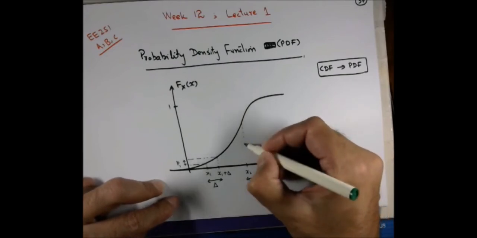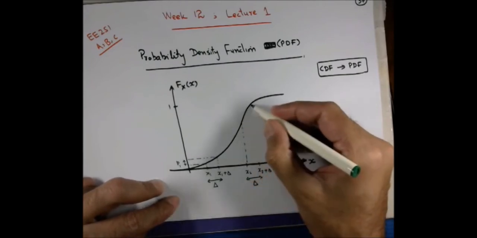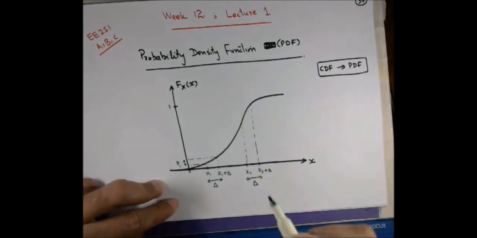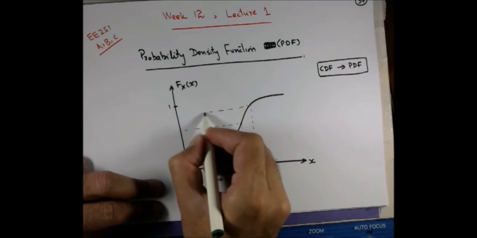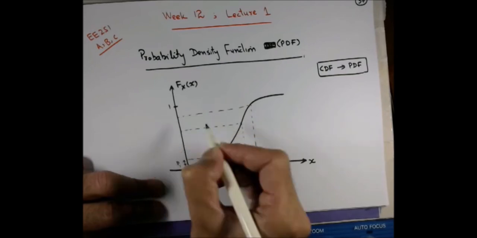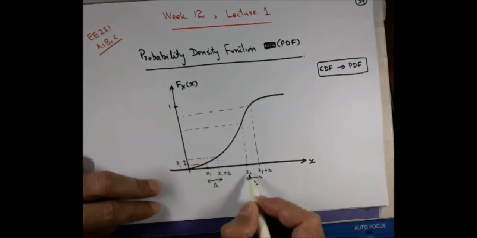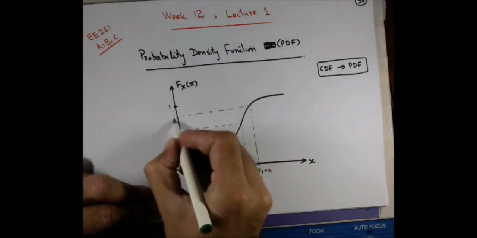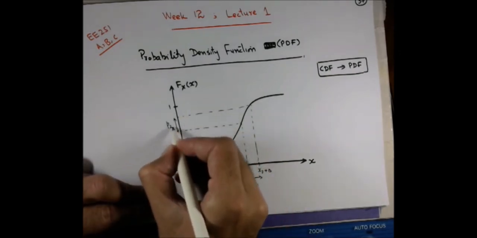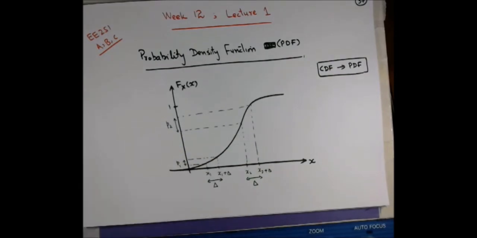And if we have the same size interval, but from x2 to x2 plus delta, we have a higher probability P2.